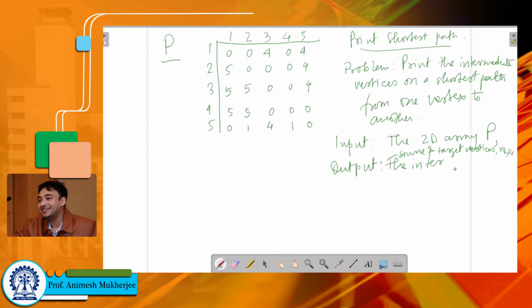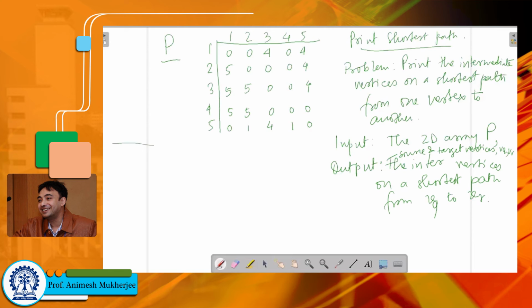Output, the intermediate vertices on a shortest path from VQ to VR. Okay. So how do we write the code for this?